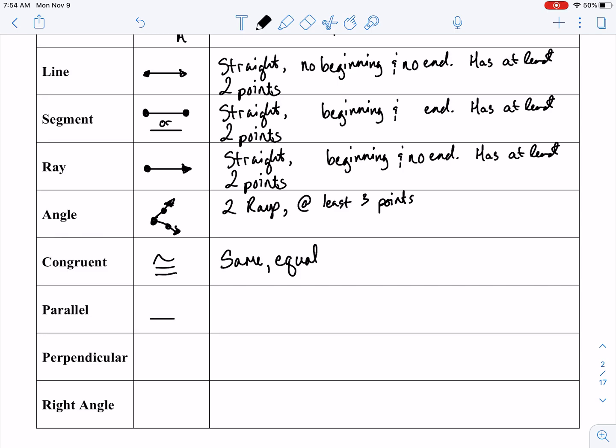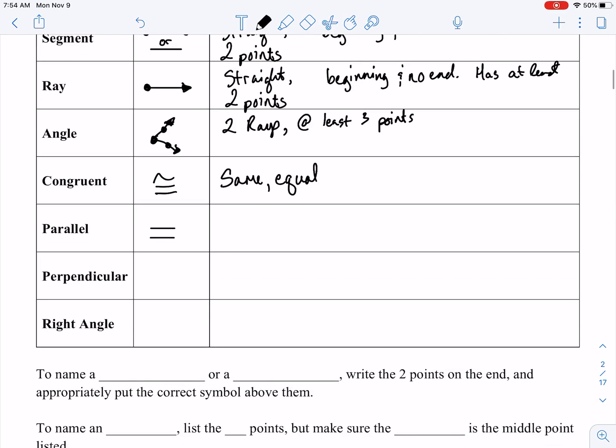Parallel, think of it as just like an equal sign. Okay, so parallel, it's from Math 1, never touches. Perpendicular is an upside down capital T with the right angle.